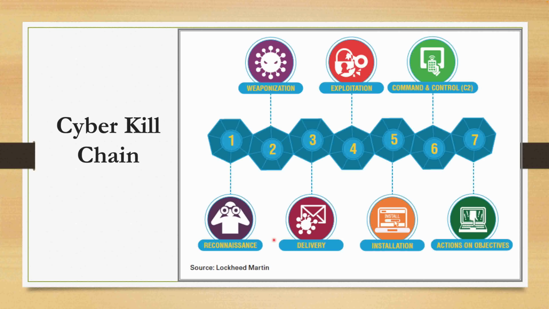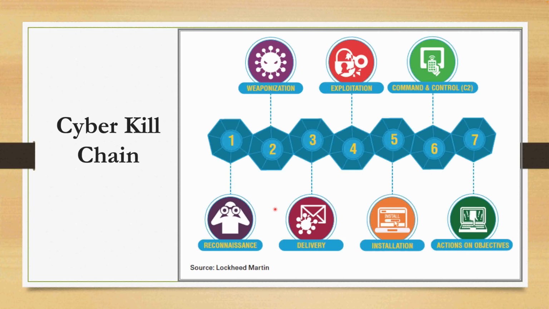Okay, so this involves attackers gathering information about the target using open source intelligence, vulnerability scanning, and social engineering techniques. This phase aims to identify exploitable weaknesses in the organization, system, network, and personnel. Now, the second thing here, sorry, is weaponization. In this phase, attackers craft a malicious payload tailored to the information that was collected.